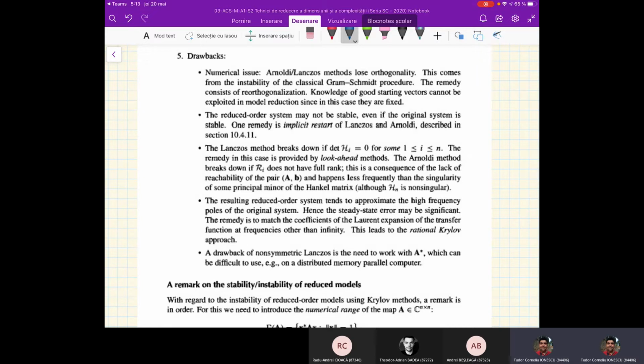Okay, there are some numerical issues. I'm not going to get into many details about this. The most important drawbacks are, first of all, this one: the reduced order model may lose stability, may not preserve the stability of the original model, whereas balanced truncation could do that, if you remember.